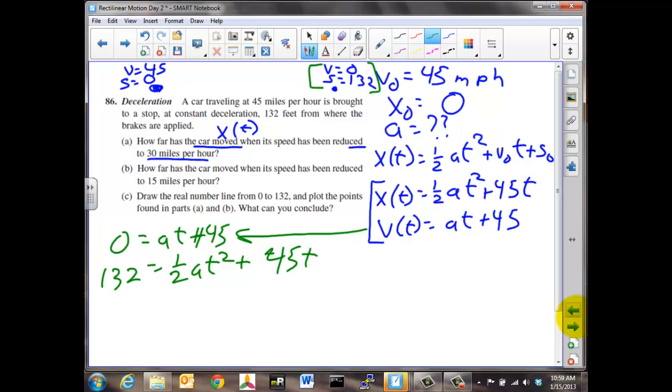Can we take the top equation now and solve it for A? And if we do that, we could plug it into the bottom equation. And then we just have t's and numbers. So go figure out what that is. Take this top equation and solve it for A, and then plug it into the second equation and see what happens.